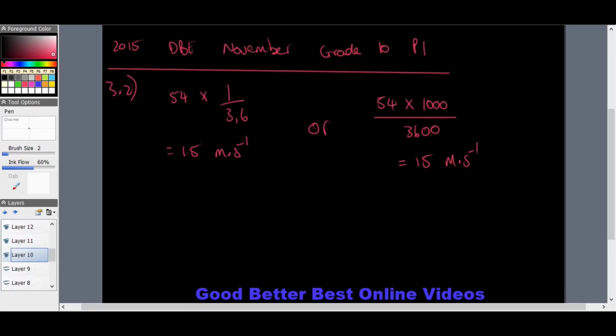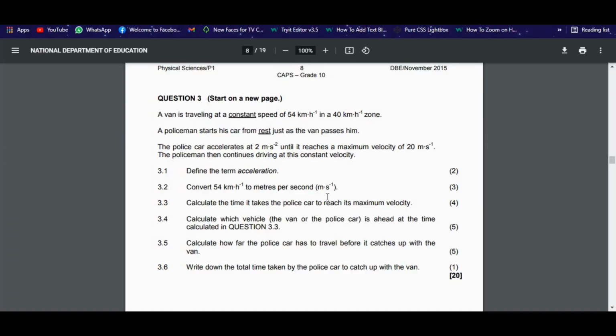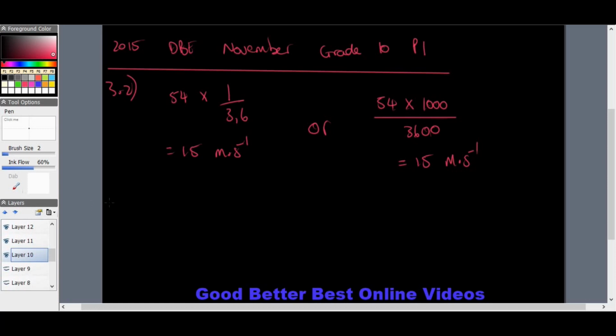All right, let's have a look at question 3.3. 3.3 says now calculate the time it takes the police car to reach its maximum velocity. Okay, so now this is an equation of motion question. For 3.3, what do we know about it? We know that the policeman starts his car from rest. So initially he's 0 meters per second.